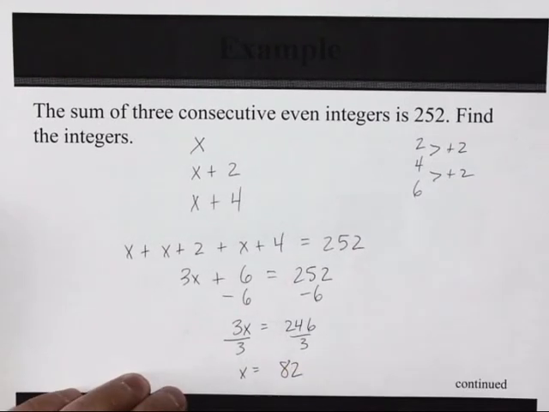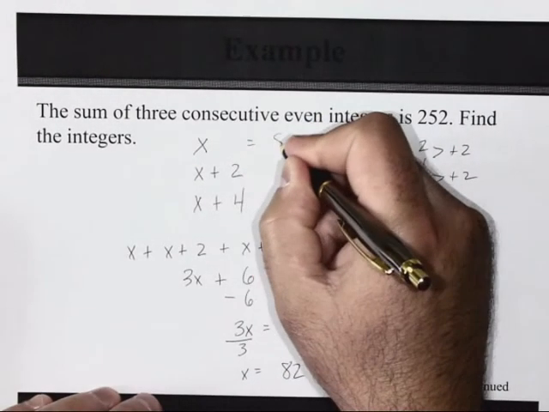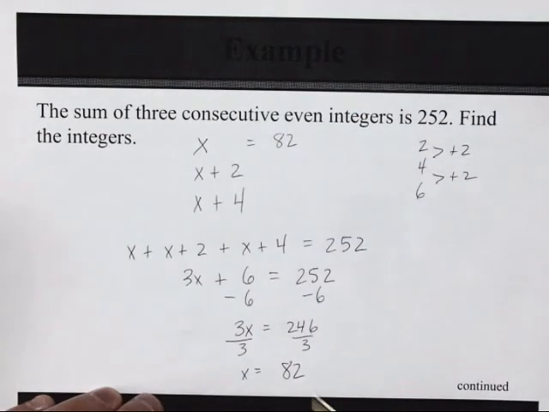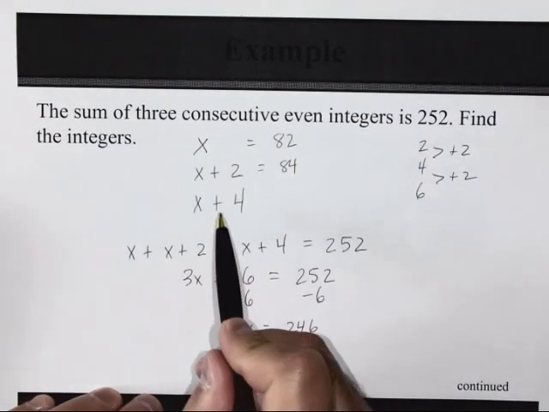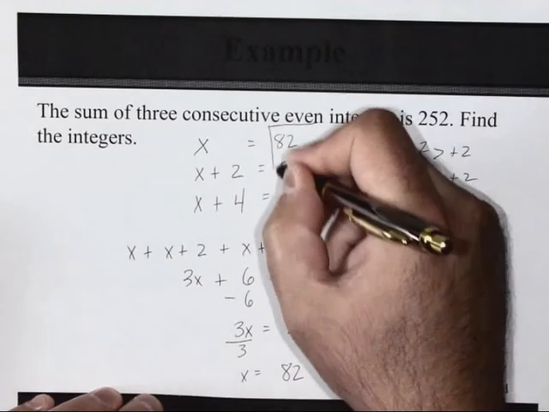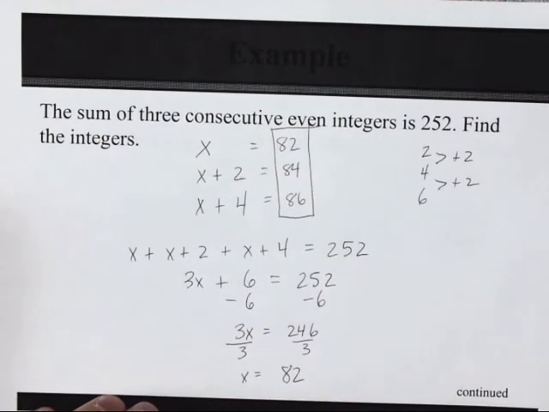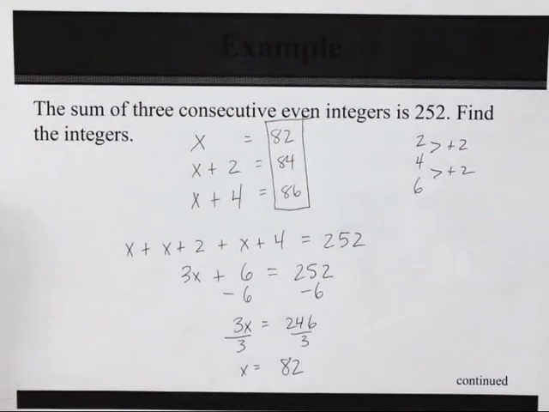I get 82. So 82 is the first number. 82 plus 2 is the next number. 82 plus 4 is the next number. And those three numbers should be consecutive even numbers, and they are. 82, 84, 86. And then when I add those three numbers together, I should get 252, and I do.